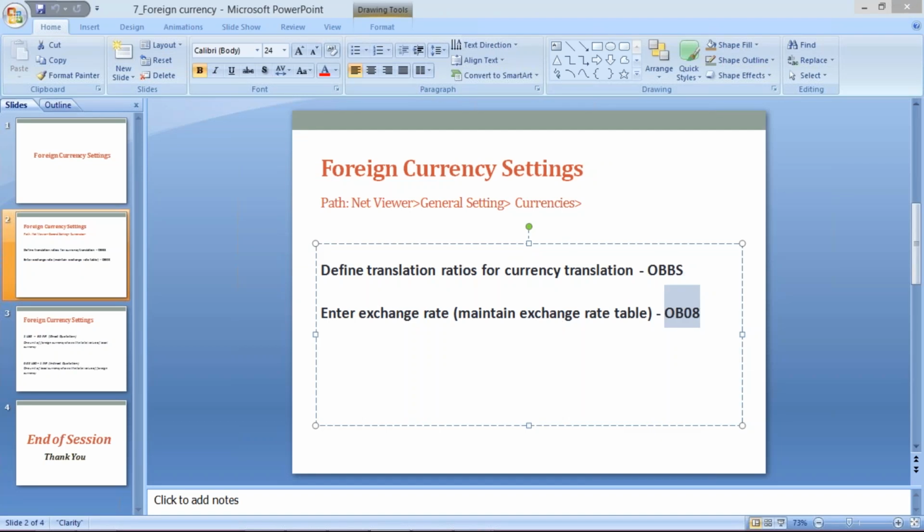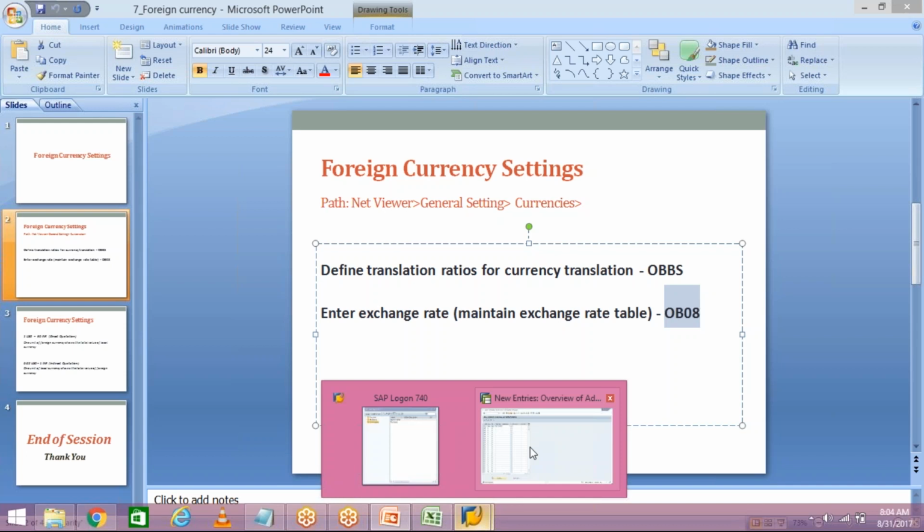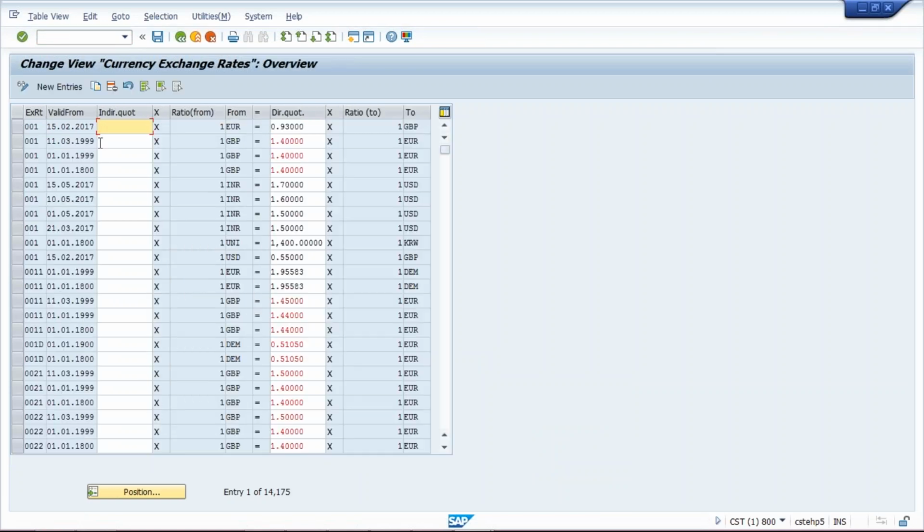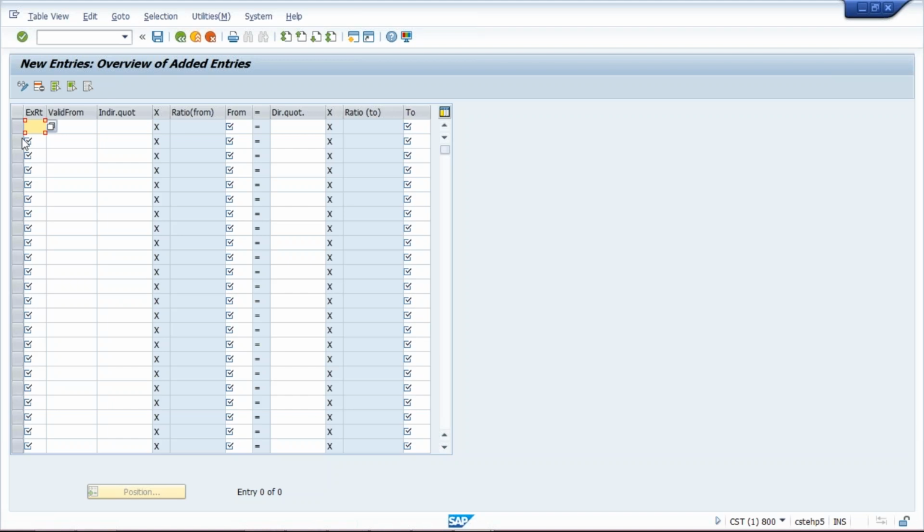The transaction code is OB08. Slash N OB08. Press enter and click on new entry. So what is your exchange rate type?